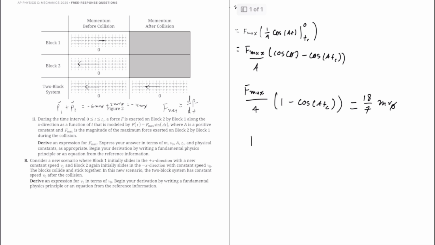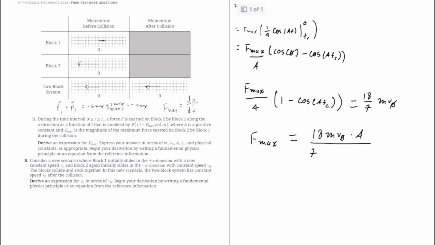And now we'll just do some simple algebra to find that F max is equal to, one second, F max is equal to this whole, whatever it is, contraption, solution, but hey, if it works, it works.